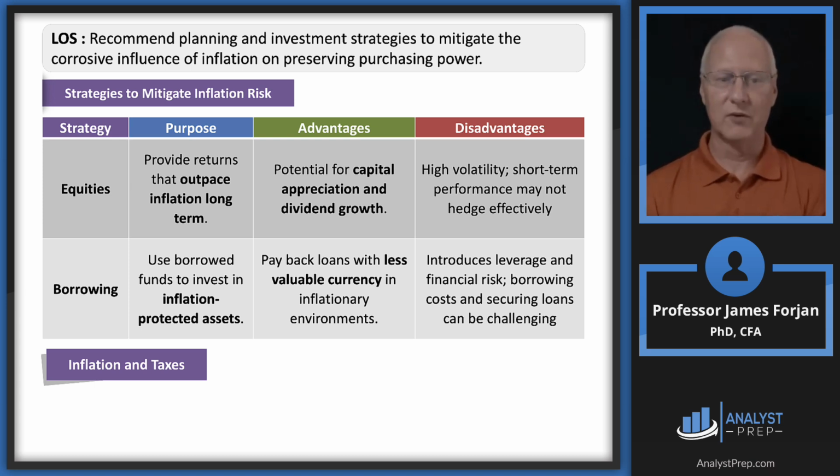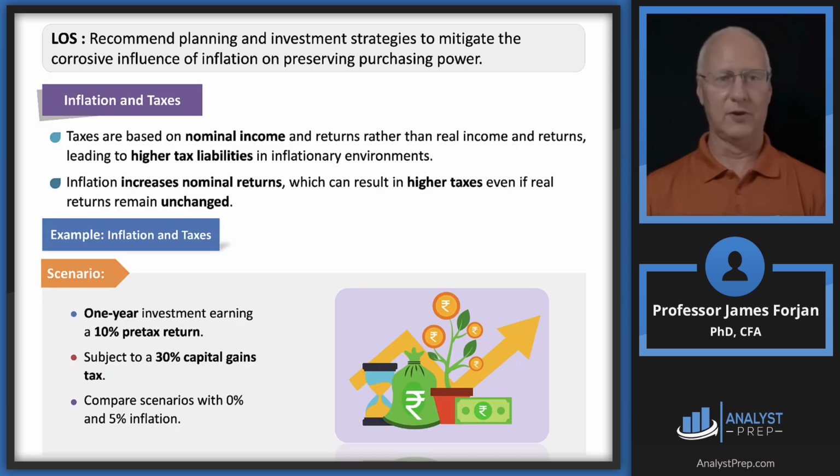That means we have financial risk. That means we introduce the specter of bankruptcy. You always have to worry about interest rates and borrowing costs. But the advantage, and this is going to be a key as we move through the second LOS in this section here, is that if we have clients scattered throughout the world with their investments, it might be possible to borrow one currency and pay back in another currency.